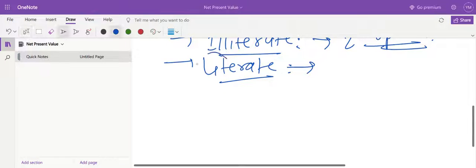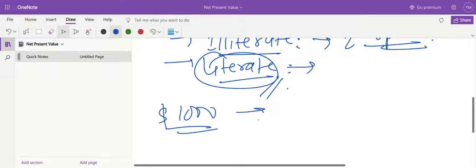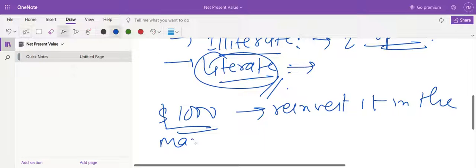Now comes the financially literate audience. They will see that, let's say I take $1,000 today itself and reinvest it in the market.